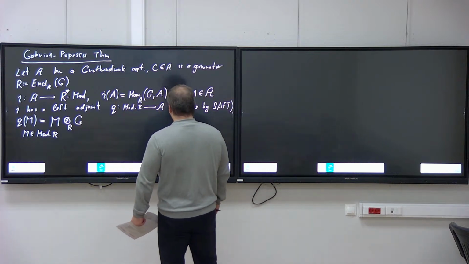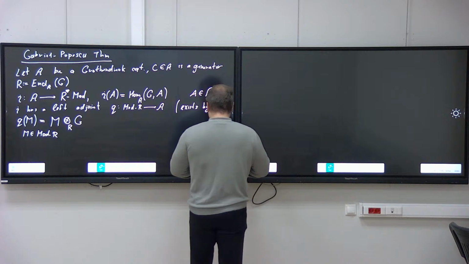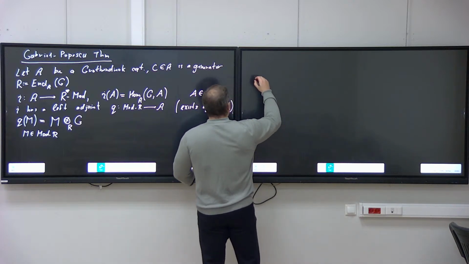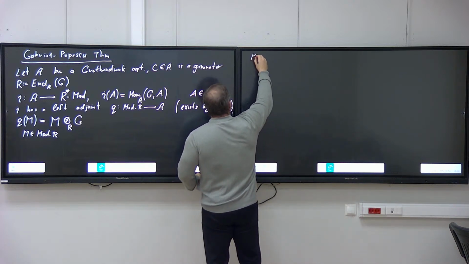Okay. So now I want to look at the following diagram of R-modules.